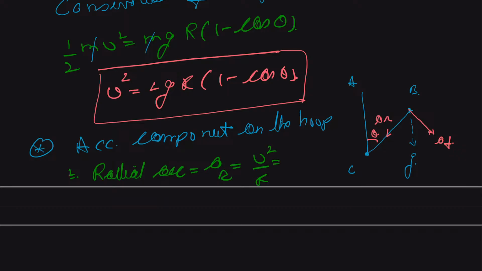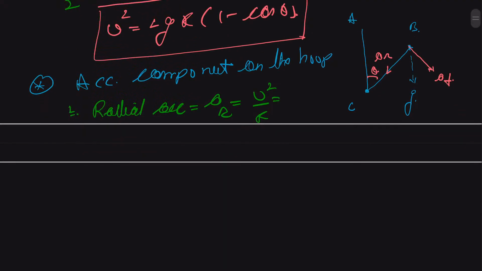V squared we already know is 2gR times 1 minus cos theta. Therefore A of r is equal to, R and R cancel out, so this comes to 2g times 1 minus cos theta.